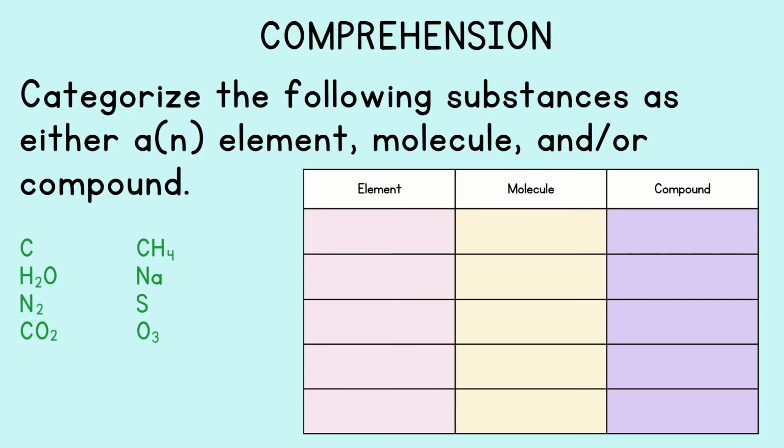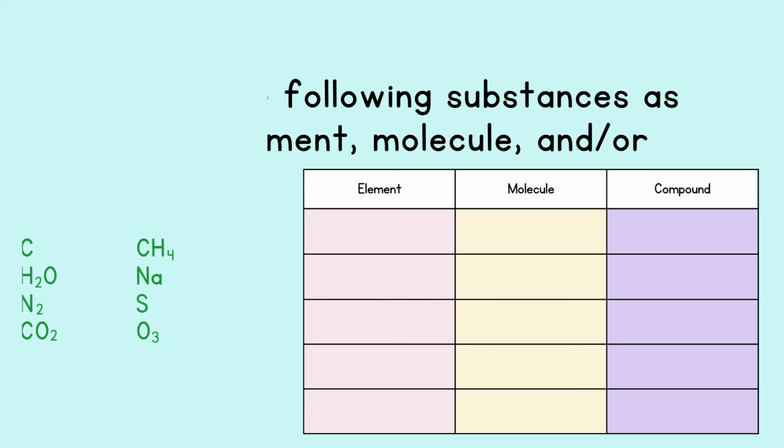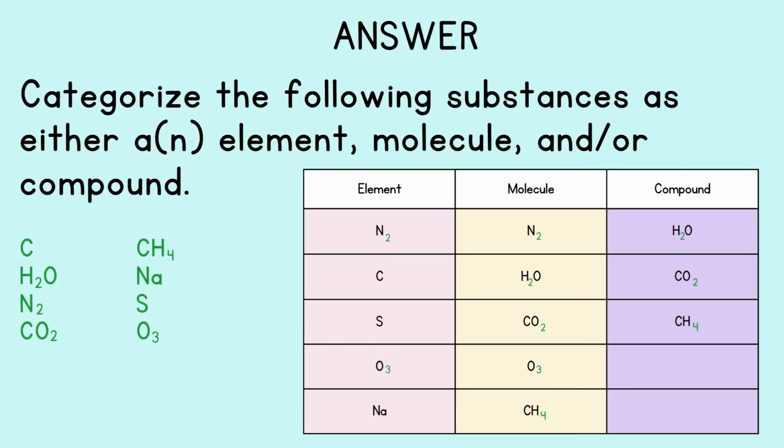Comprehension. Categorize the following substances as either an element, molecule, and/or compound. Be careful. Correct. You have to remain mindful that all compounds are molecules, but not all molecules are compounds. And also, some molecules are elements, but not all elements are molecules.